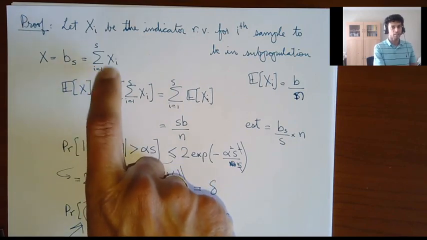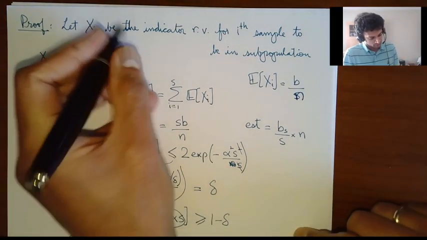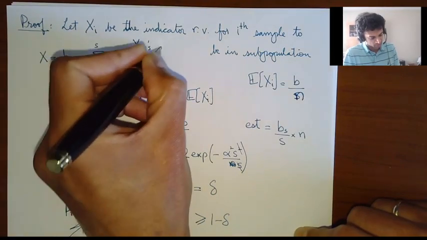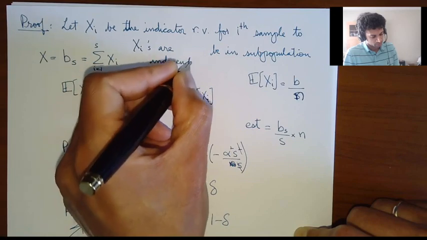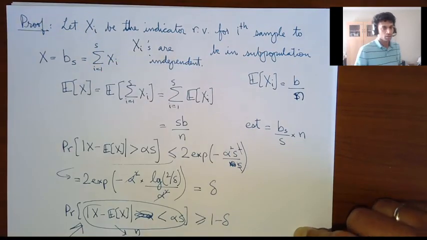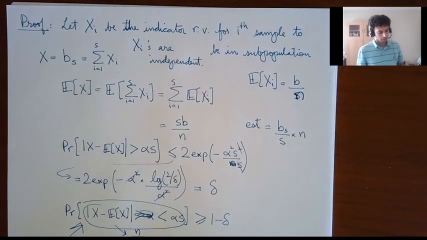All the xi's are independent. And because they're independent, I can then use the Hoeffding bound. So I use the Hoeffding bound on this.